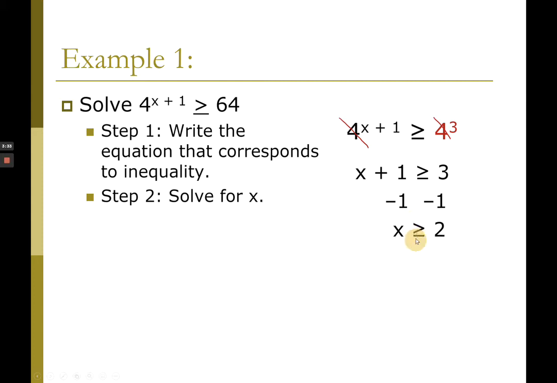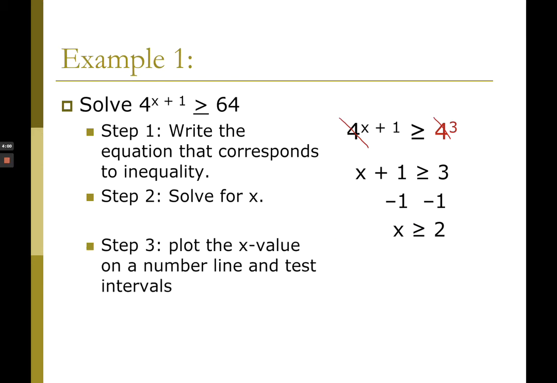Remember, the inequality rules still apply: if you need to divide or multiply both sides by a negative number, the inequality symbol flips. We did not flip it because we just added or subtracted. The flipping only occurs when you multiply or divide both sides by a negative number.